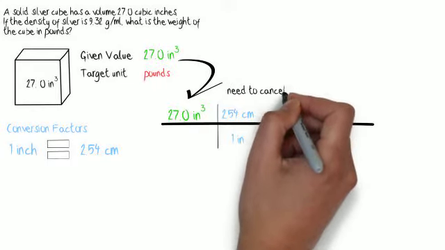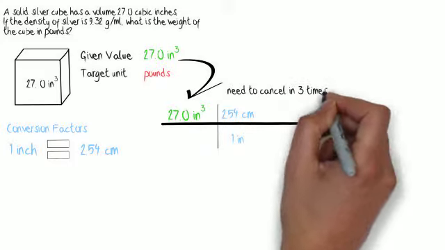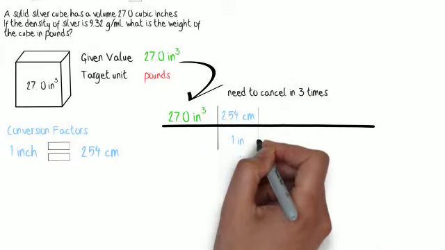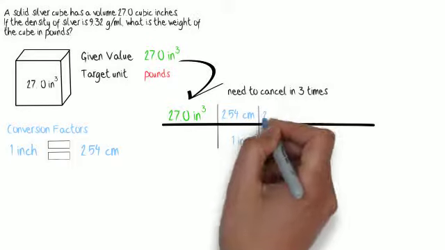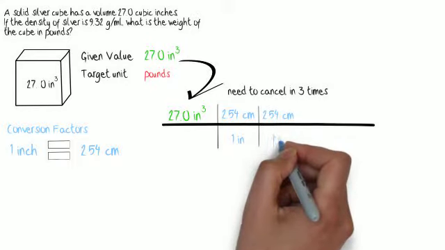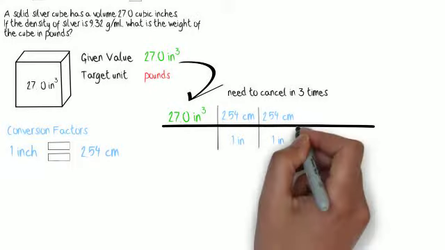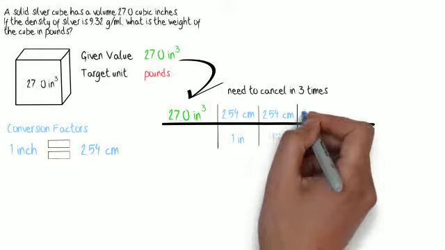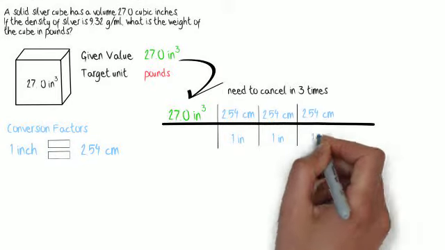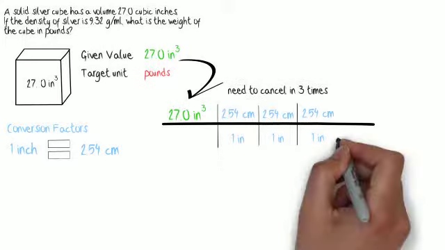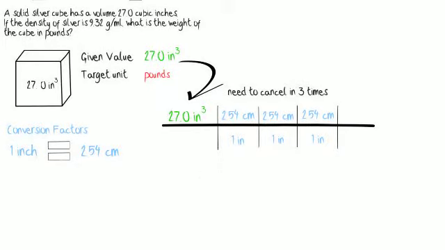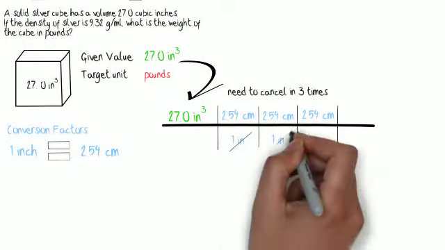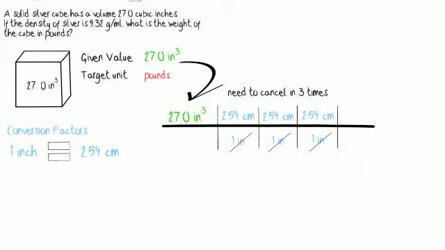Since it's inches cubed, that means it's inches times inches times inches. So in order to cancel out the inches cubed, we need inches times inches times inches in the denominator. So 2.54 centimeters over 1 inch, 2.54 centimeters over 1 inch again, and this allows us to cancel out the inches cubed value, as you can see.